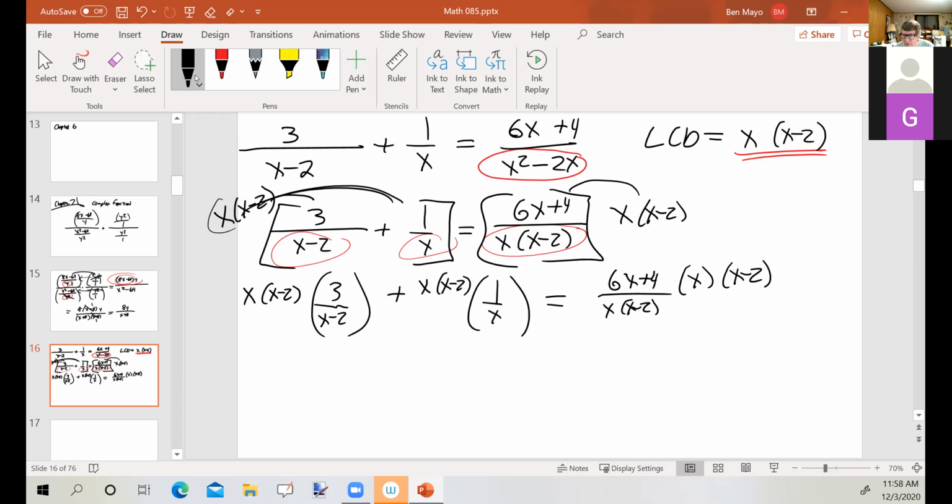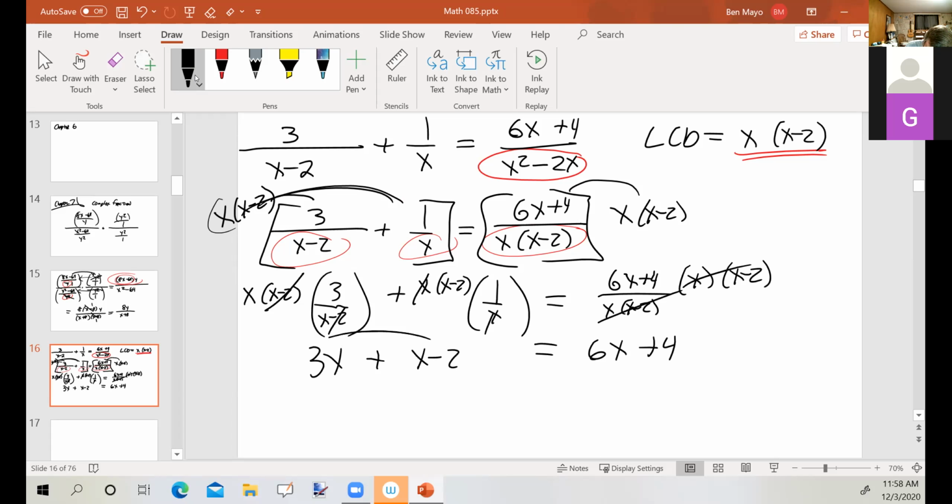So I'm just distributing. Going across and reducing, I get 3x plus x minus 2 equals 6x plus 4. You see how everything reduced out there? Yes. So now I have an equation with no fractions.